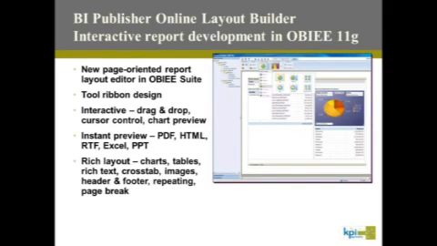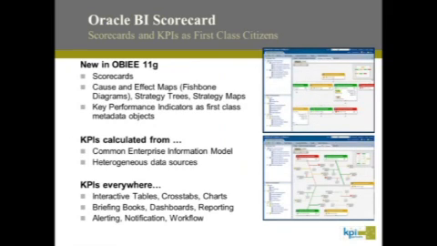The product that we used to know as BI Publisher now can have a web layout, be part of the OBIEE suite, authored directly from inside OBIEE, and even consumed inside OBIEE as PDFs, HTML, rich text formats, PowerPoint, and Excel, giving a seamless integration into that overall aspect.